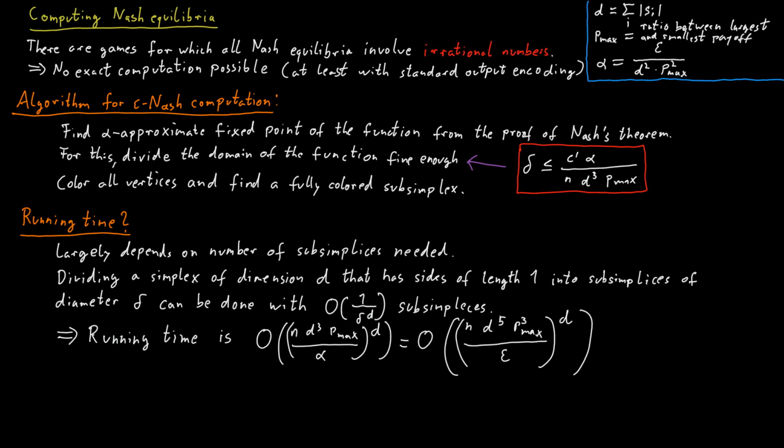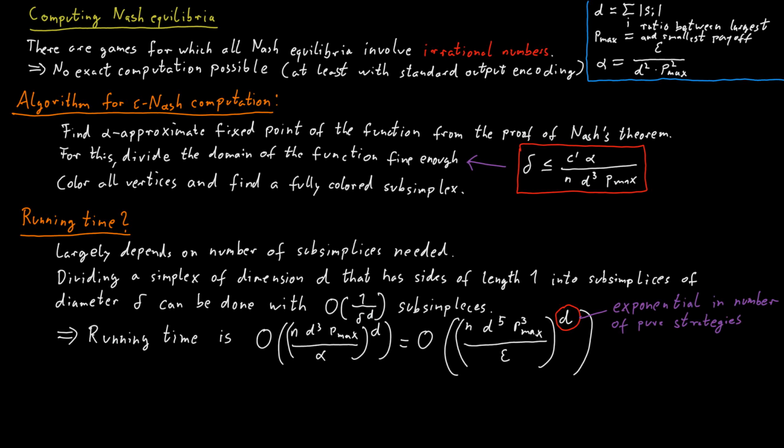So our running time is not more than in the order of this expression. The important part here is that this d is in the exponent. So the running time is polynomial in 1 over epsilon, which is nice, but it is exponential in d.